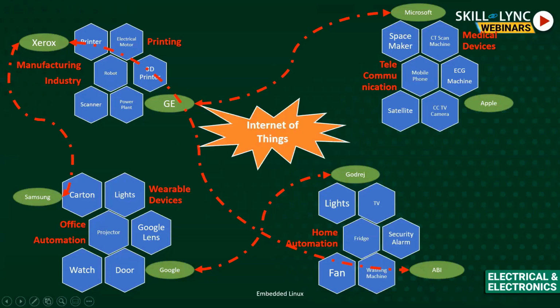This particular maze is what you are observing at present, and this concept is called the Internet of Things, where already developed products, which are traditionally developed products, or new products, for example Google Lens, which is coming up, communicate with each other, and all this data can be controlled or monitored using the internet.